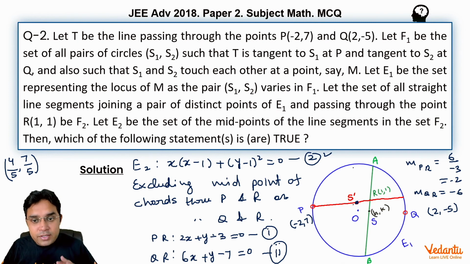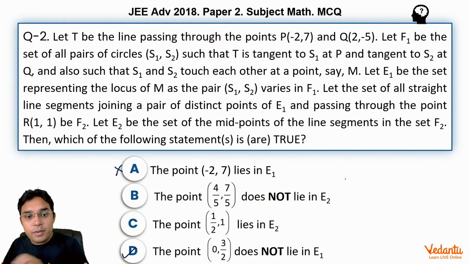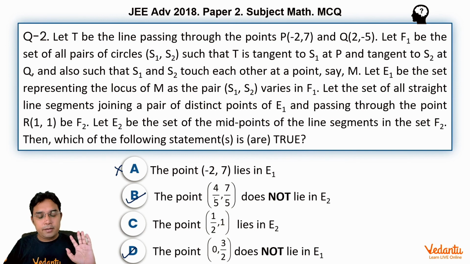So it satisfies equation number 2, but this 4 by 5, 7 by 5 is also satisfying equation number 1. You can check 8 plus 7, 15 by 5, 3 minus 3, 0, which means this point actually corresponds to that chord which would have passed through P and R. So even though it is satisfying equation number 2, it will not be lying on E2.